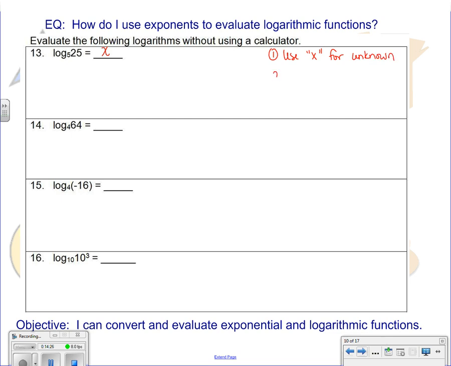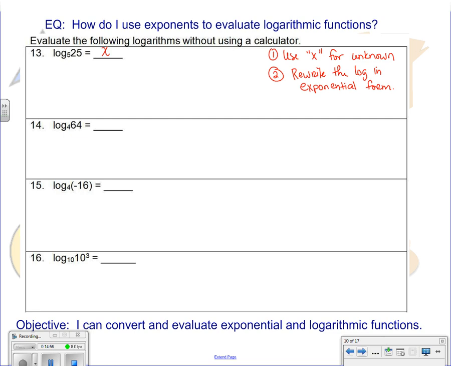Then our second step is going to rewrite it in exponential form. So rewrite the log in exponential form, because we do know how to solve exponents. When you rewrite the log in exponential form, you can either use the label method or you can use the circle method.